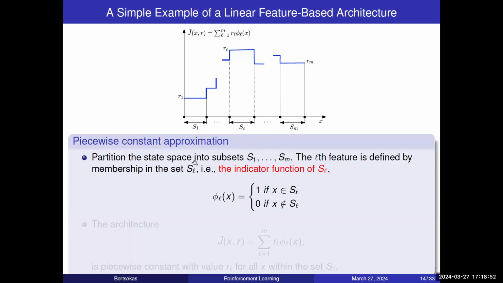We partition the state space into subsets S1 to Sm, and the L-th feature is defined by the membership in the L-th set S L. It is defined essentially by an indicator function: if X belongs to this subset, then this feature is 1, and if it does not belong to this set, then this feature equals 0.